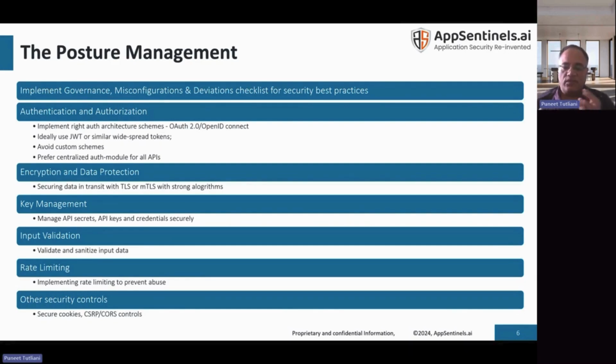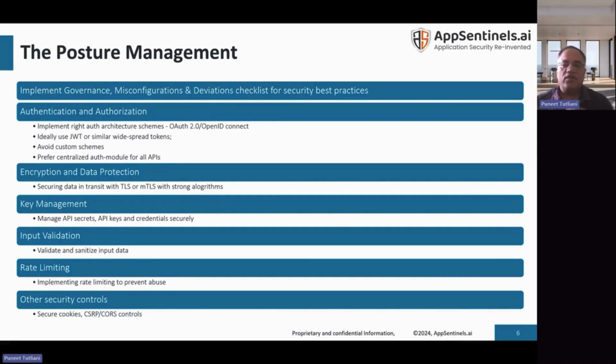So, similar to continuous discovery, there should be continuous mechanisms where the posture of these APIs should be checked. It should not be a one-time effort, because if tomorrow one API is changed, you may still end up having an exposed API with basic security checks missing.